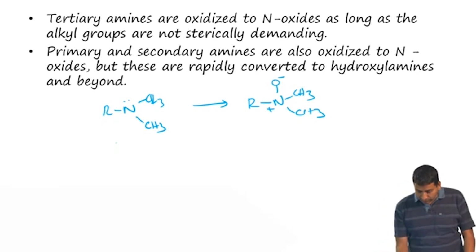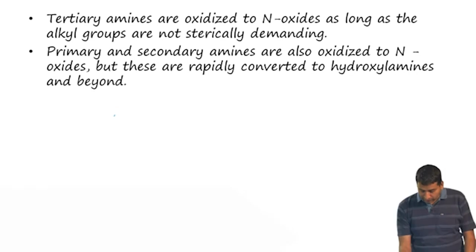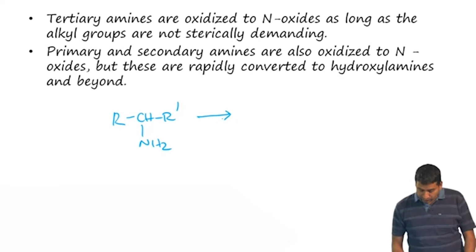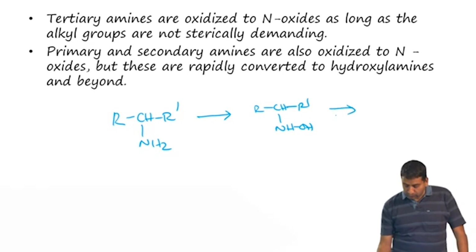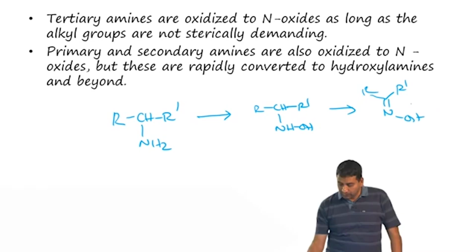So, the reaction that we are looking at here is R CH R prime NH2, and now this can undergo oxidation to form R CH R prime NHOH, right, and this can actually form what is known as an imine by further oxidation, and it will give you R prime R double bond N OH. It can form a hydroxylamine, for example, which can subsequently get converted to a nitro group.